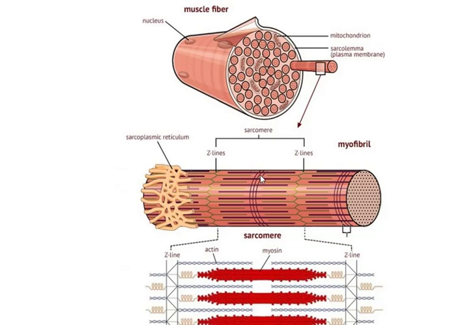And then this M line right here and right here and right here, those are where the heavy bands of myosin are, right in the middle. And they call that the H zone, where the M lines are. So that's where you have your heavier bands.